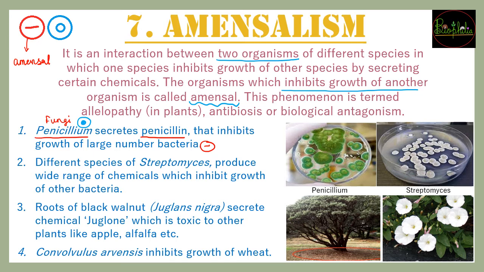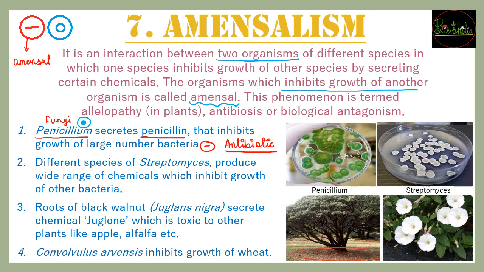So this was also used in the formation of antibiotics. This is the principle of antibiotics: as you take penicillin, other bacteria in your body which are causing harm will not be able to grow in that area, because penicillin has a relationship of amensalism with them.